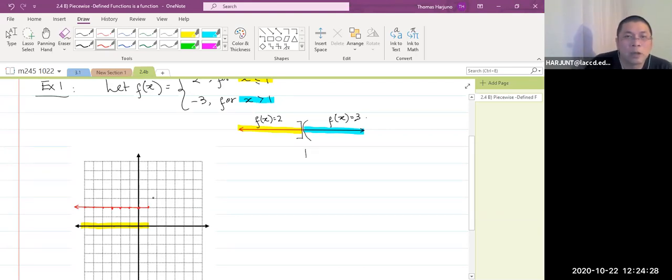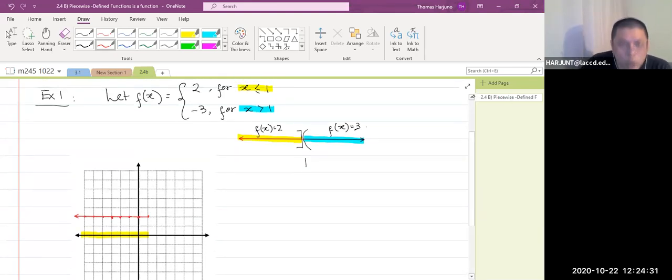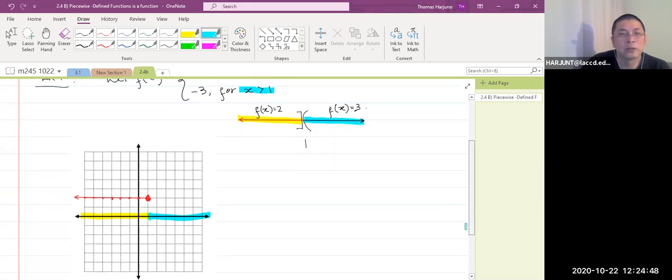Yes, I do, right? Because that's x less than or equal to. So I include the endpoints. So I make it thicker here. Now, from 1 to infinity, f(x) equals negative 3. But right at x equals 1, it is not. So I use an open circle here. But then it will be a constant function f(x) equals negative 3 to the right-hand side.